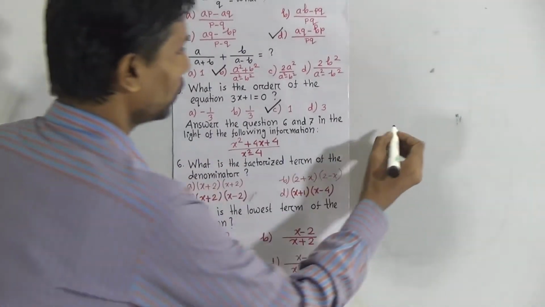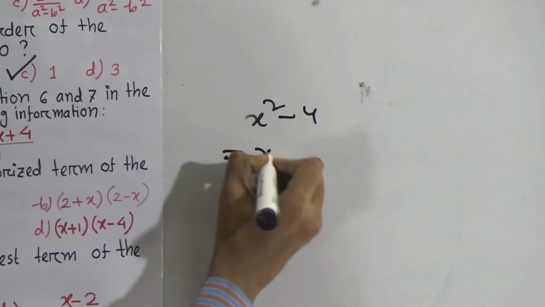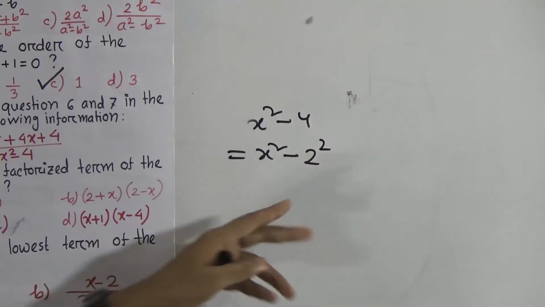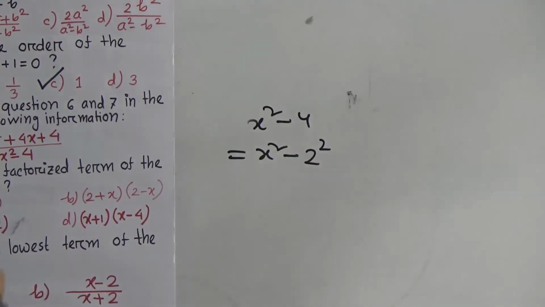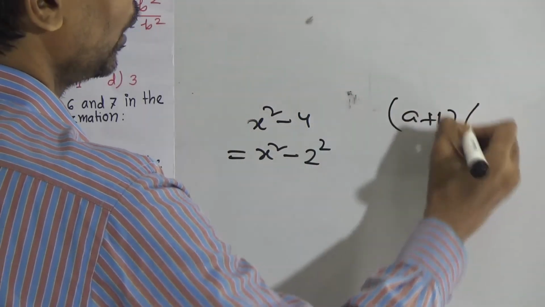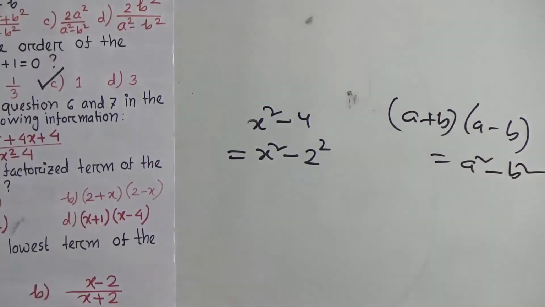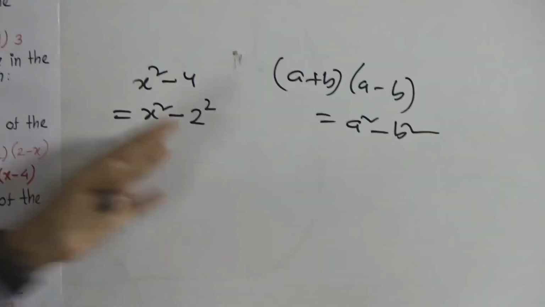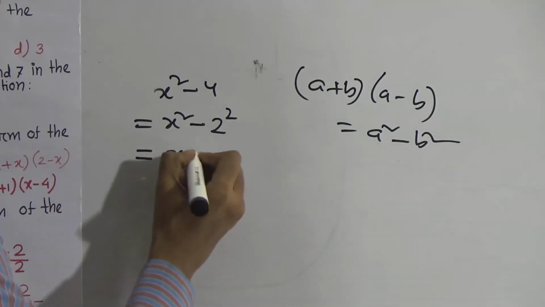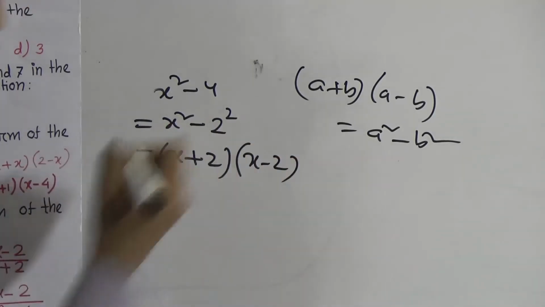Suppose x square minus 4. Here 4 means 2 square, that is 2 into 2. We know the formula a plus b into a minus b equals a square minus b square. So according to this formula, we write x plus 2 into x minus 2.